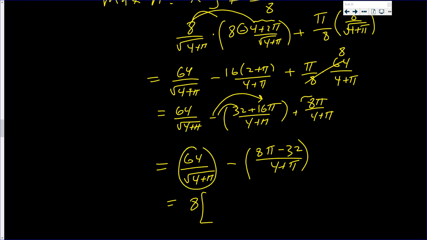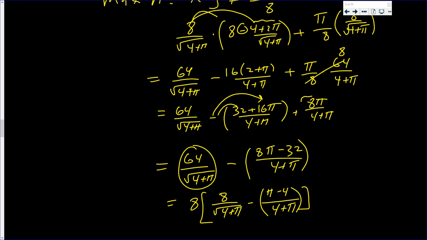Factoring out 8 from there will give you 8 over the square root of 4 plus pi minus, if you factor out the 8, you'll have pi minus 4. And there it is. That is the max area. It's all algebra, folks. It is all algebra.